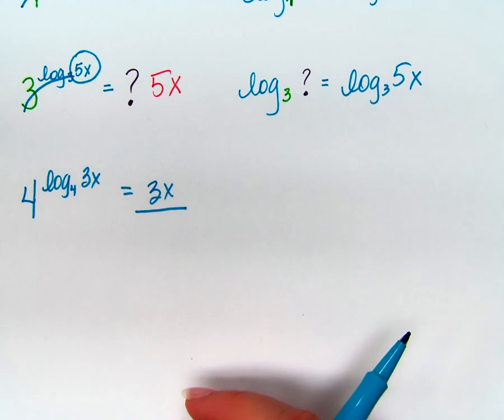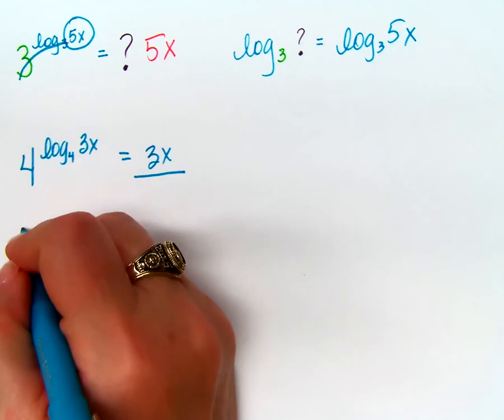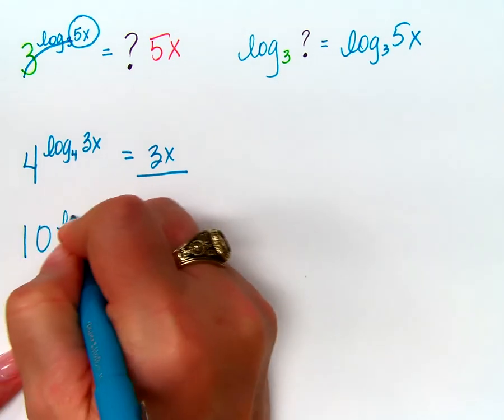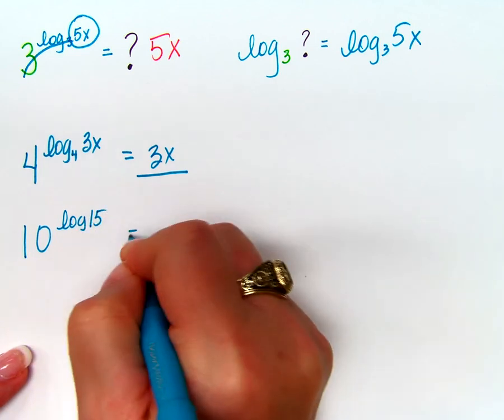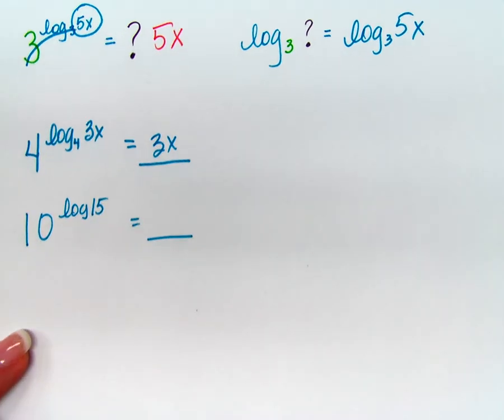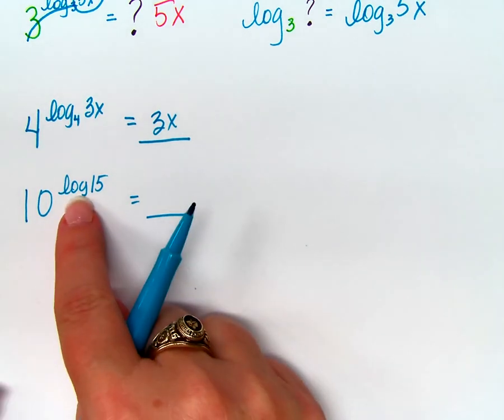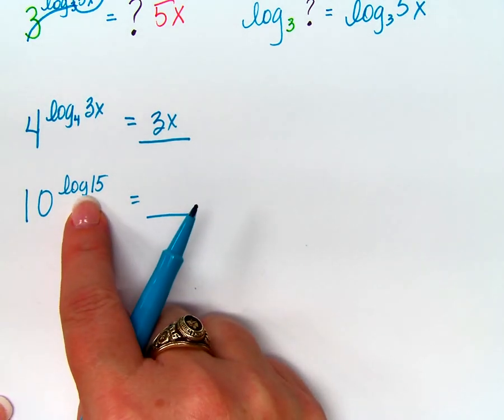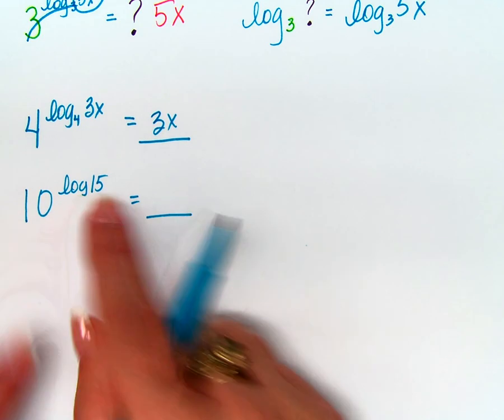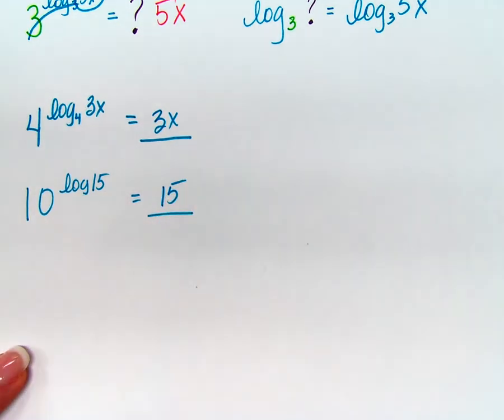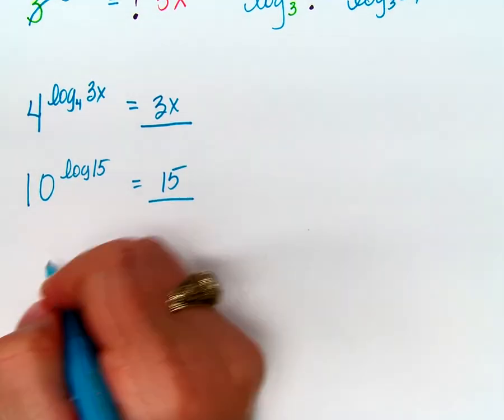Okay, can I give you a trick one? Okay. 10 to the log of 15. Why? Oh, it's the common log, so it's a base of 10, so the base and the base are the same, right? So the answer is 15. Okay, can I give you another trick one? Okay.